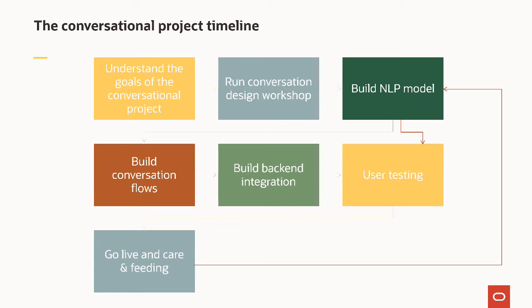But this particular step here, user testing, think about it as acceptance testing, right? You have business users, end users actually testing the chatbot. And there are more subjective things here, right? Like, what's the feeling that the user has while communicating with this assistant? Does this really fit the business need? Is the use case okay?